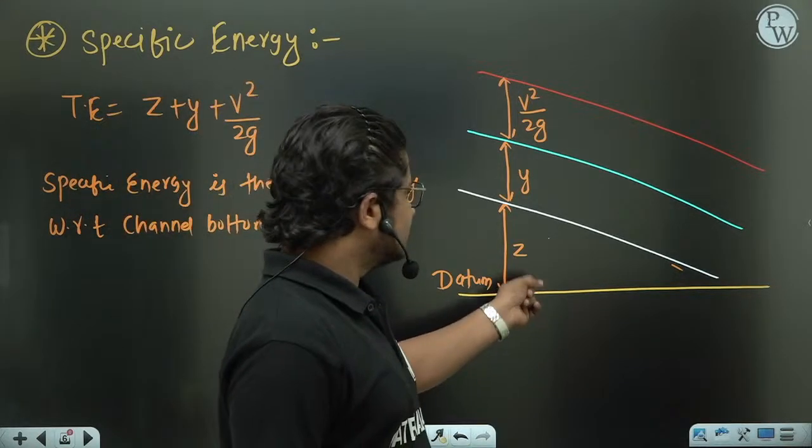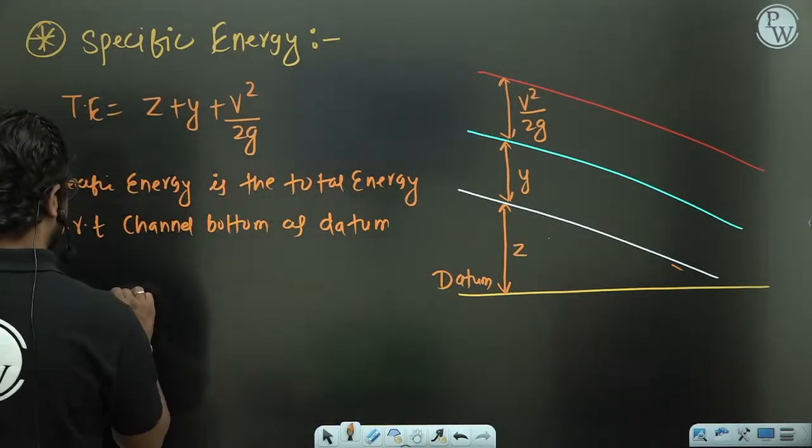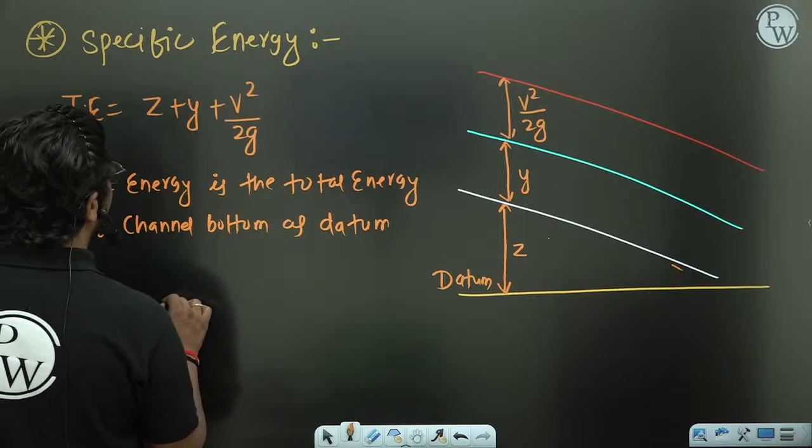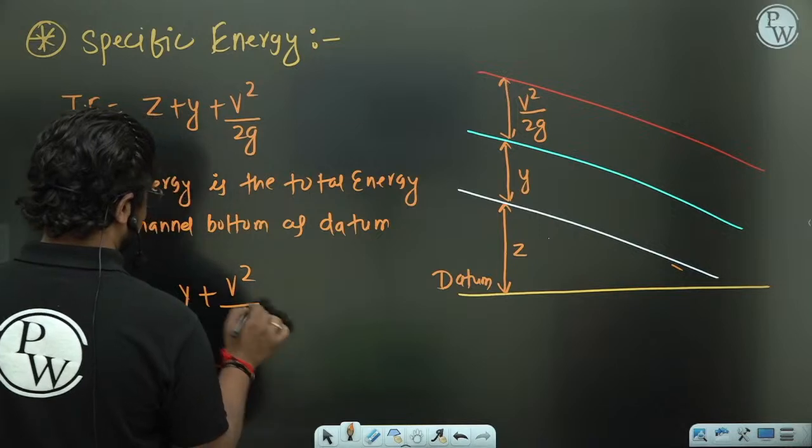It's clear, na? Z will not be there. So the specific energy formula will be E equal to Y plus V squared upon 2G.